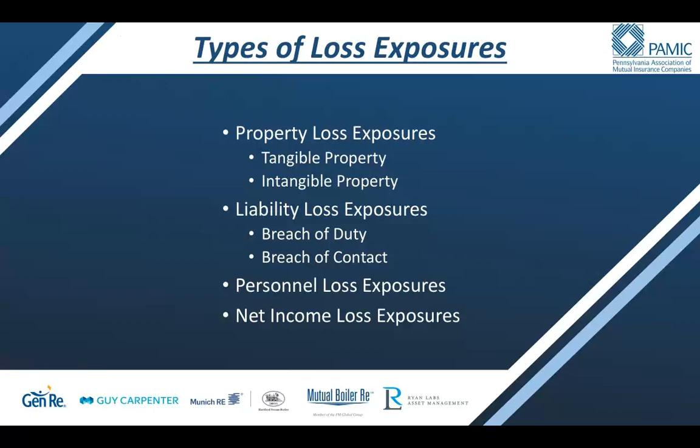Intangible property is copyrights, patents, manuscripts, and that's why, if you rent a DVD, you'll see that it's protected. Piracy is a crime and things of that nature flash on the screen. Those are the warnings that there's potential criminal activity and a potential loss to the person that has that copyright. That's intangible property.